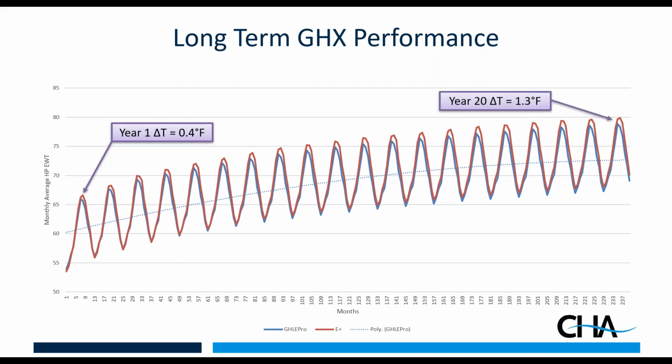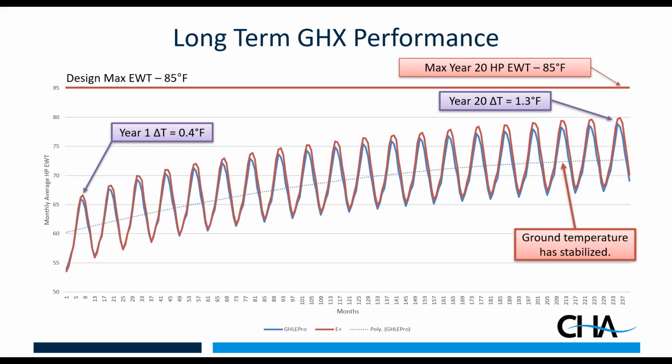So at year 20, we are still within about a degree, which is pretty good. You can also see that the ground has stabilized. We've kind of created a new normal, so we're not worried about the long-term heat exchanger continuing to run away.